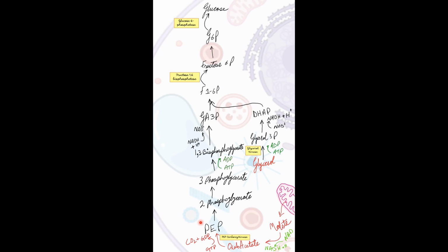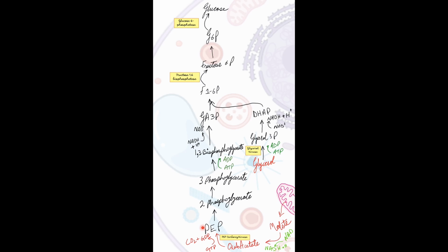And the enzyme over here is an important one: PEP carboxykinase. In this step, a GTP molecule will be consumed and carbon dioxide will be released.